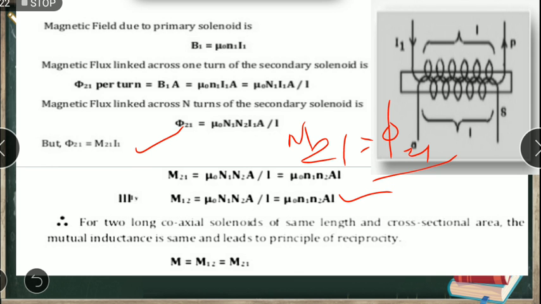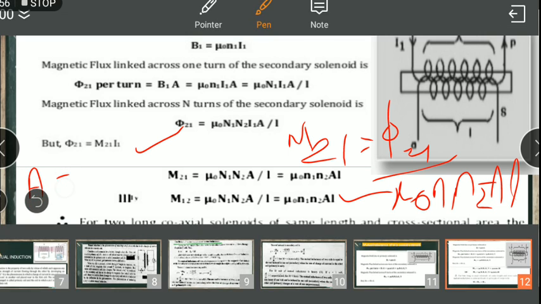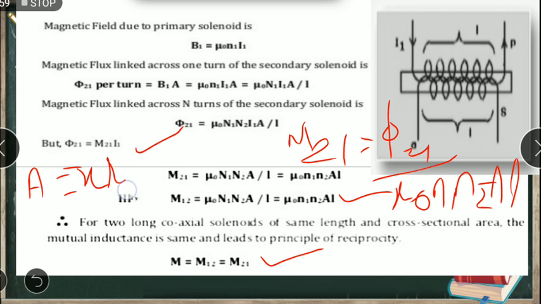So the mutual inductance of two coaxial solenoids is given by mu naught n1 n2 A divided by L. If I substitute the value of A as pi r1 square, you will get the expression.